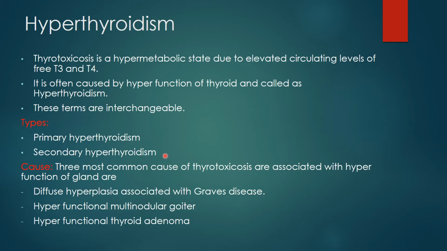One is primary hyperthyroidism, the other is secondary hyperthyroidism. Primary hyperthyroidism is a condition when the cause lies within the gland, that is, the primary source is the gland itself. However, in secondary hyperthyroidism, the abnormality or cause is present in the pituitary gland or in the hypothalamus.